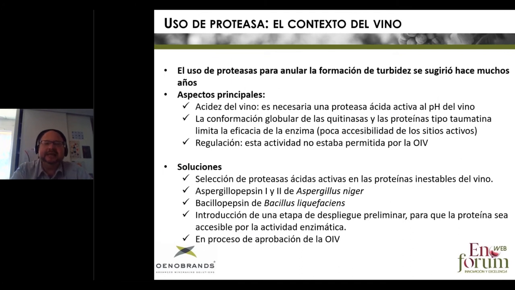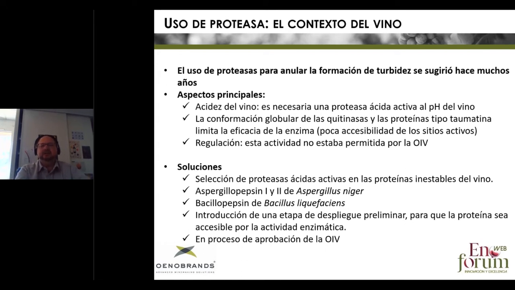The use in the wine context has been documented for years, but at this moment there were many issues. The first one was the wine acidity, and to avoid the loss of efficiency, it is necessary to select and produce an acid protease which is active at the wine pH.